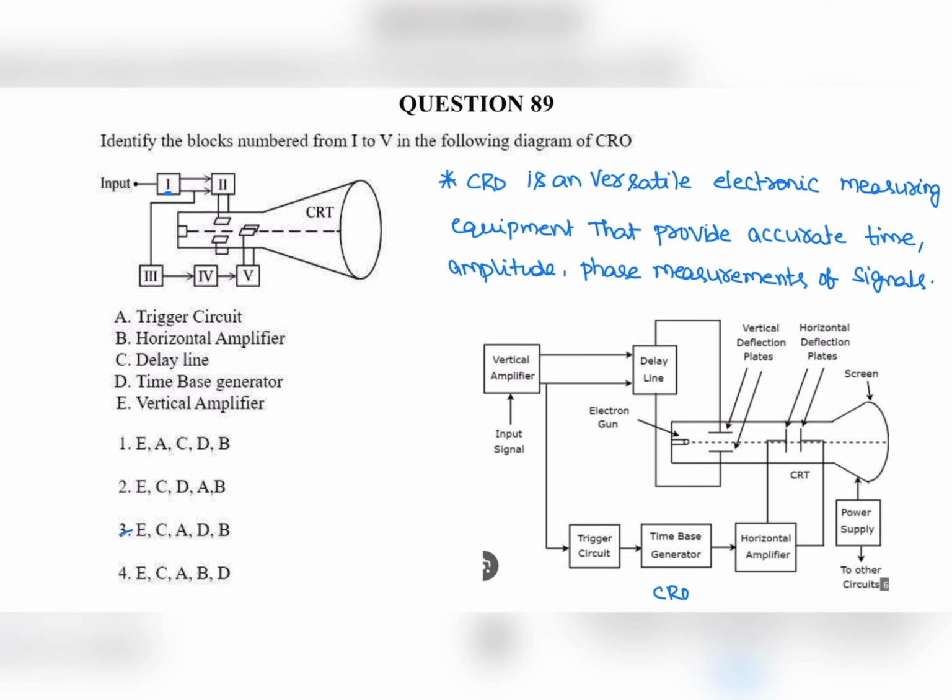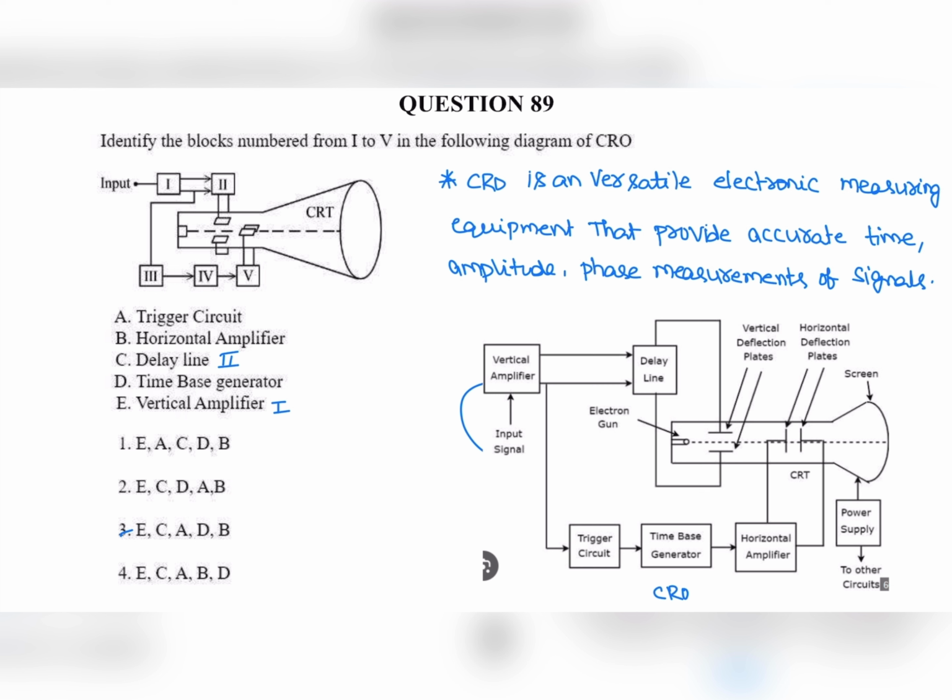The input signal is applied to the vertical amplifier. From this comparison, the correct sequence: one is the vertical amplifier. The vertical amplifier is connected to the delay line, that is 2, which is C. The delay line is connected to the vertical deflection plates.